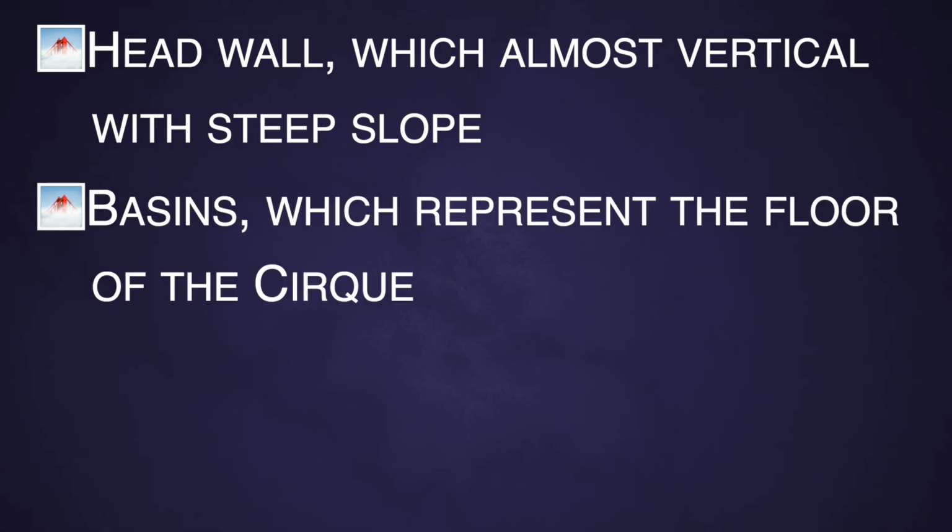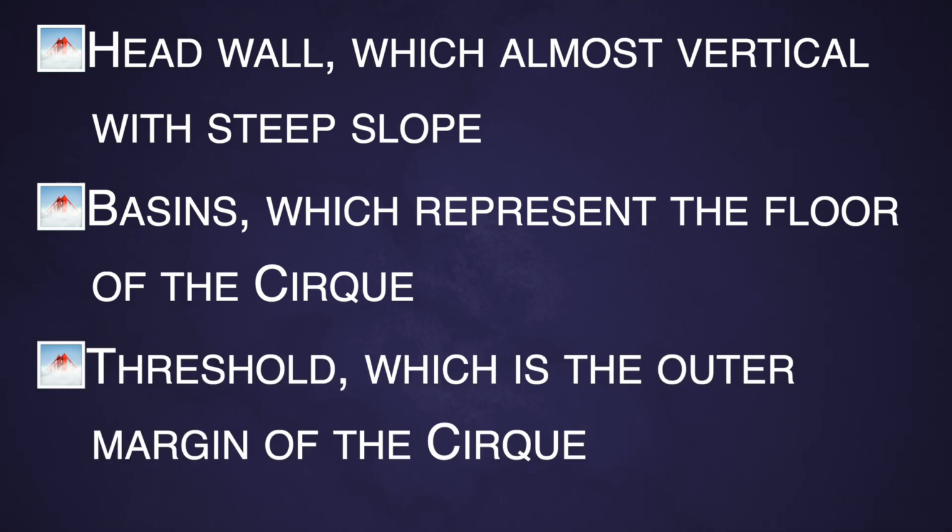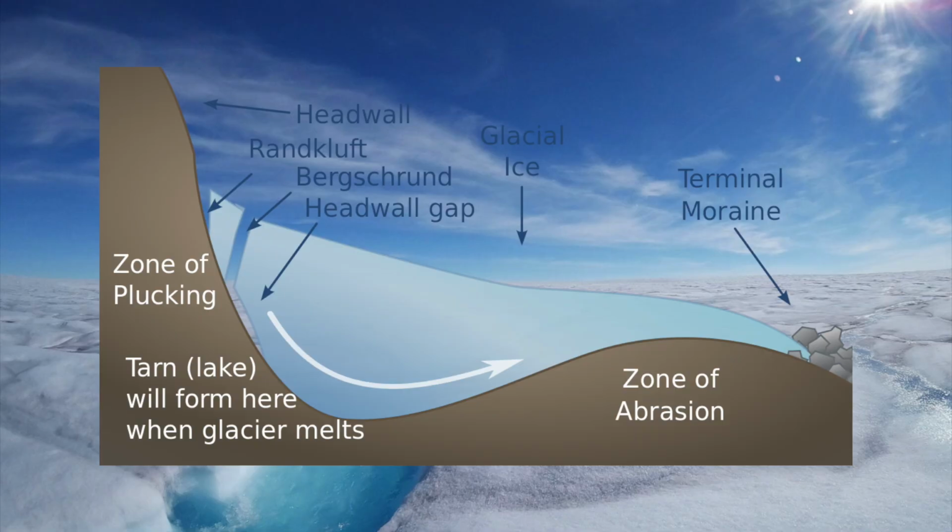Two, basin, which represents the floor of the cirque. Three, threshold, which is the outer margin of the cirque. The gap that develops between the glacier and the head wall of the cirque is called the bergschrund.